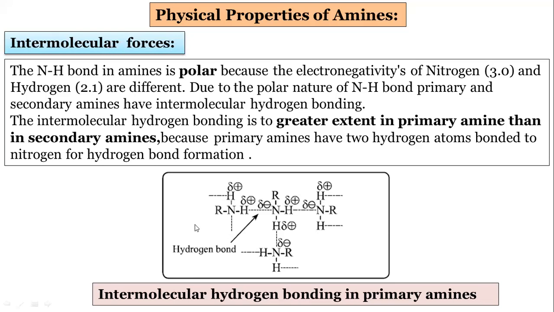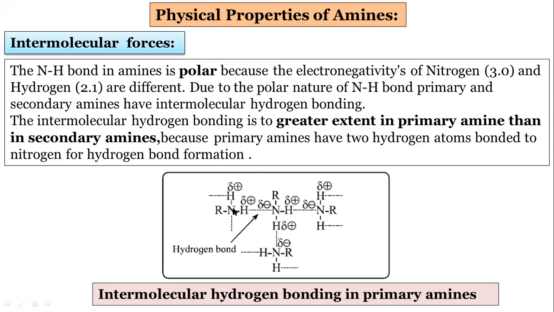Now we will consider a primary amine. In a primary amine, one nitrogen is there and two hydrogens are attached, and in the secondary amine, one hydrogen is there. In a tertiary amine, no hydrogen atom is attached to the nitrogen. So what is happening due to these nitrogens and hydrogens? The electronegativity of nitrogen is very high and the electronegativity of hydrogen is very low.